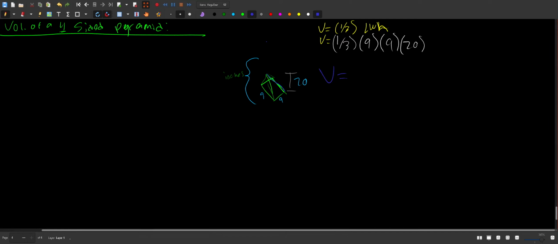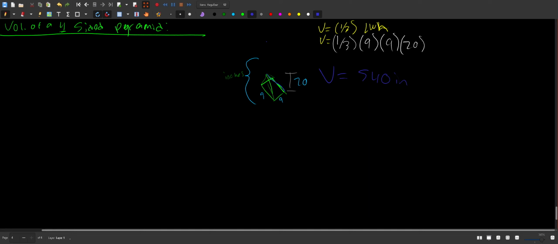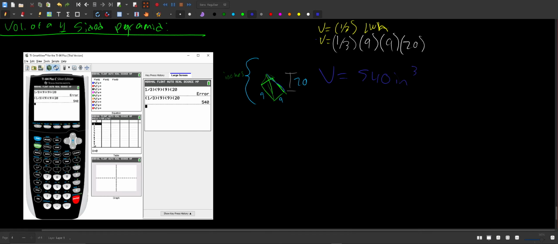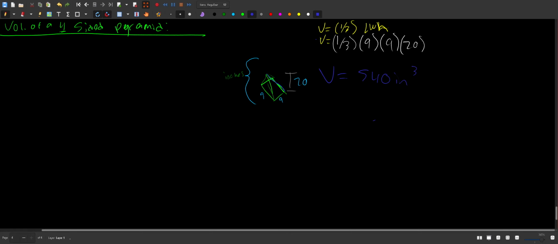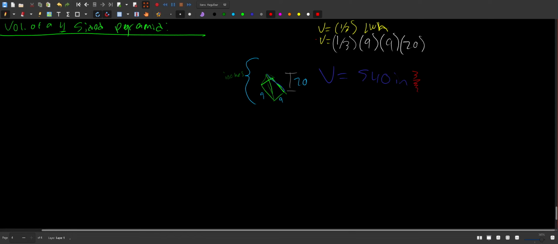So volume equals 540 inches cubed. That cubed in red, because you need to cube it. Very important.